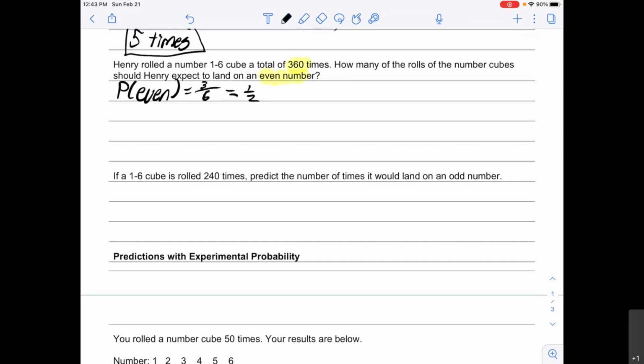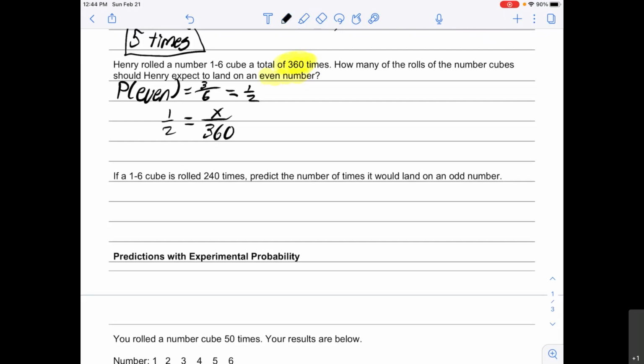Now I want to use this to make a prediction. If I'm going to roll it 360 times, how many times will I get an even number? So this is where I use my proportion. 1/2, that's my probability to start with, equals something out of 360.